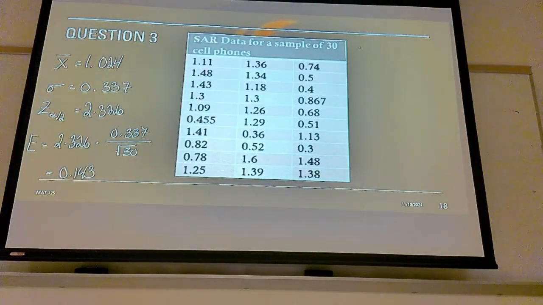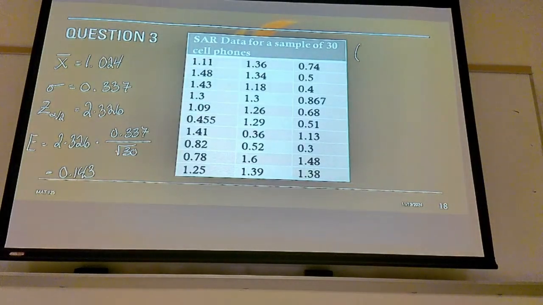Right, so the confidence interval: 1.024 minus that margin of error, 0.881, to 1.024 plus the margin of error, 1.167.